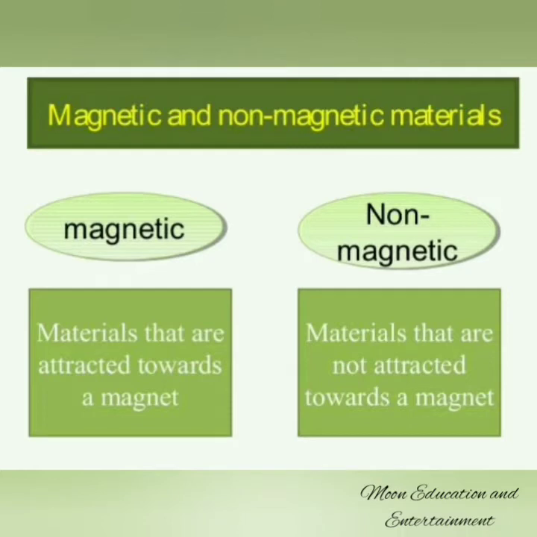Magnetic and non-magnetic materials. Materials that are attracted towards the magnet, we call magnetic materials. The materials that are not attracted towards the magnet, we call non-magnetic materials. Let us see a few examples of magnetic and non-magnetic materials.